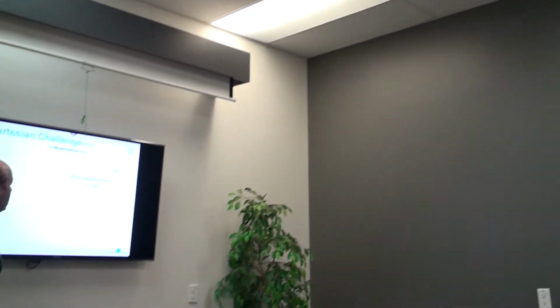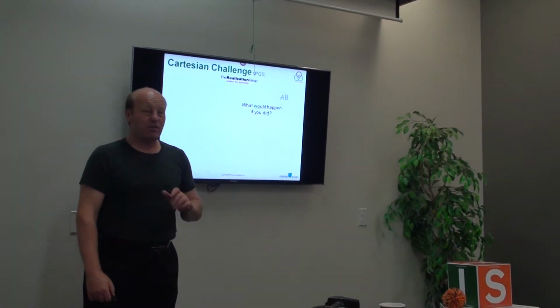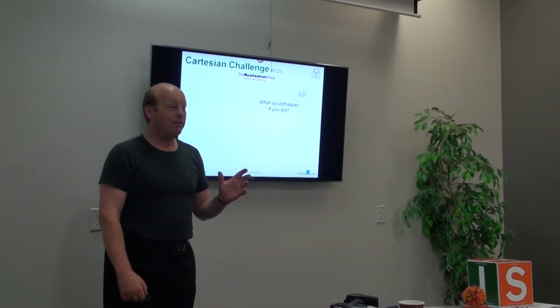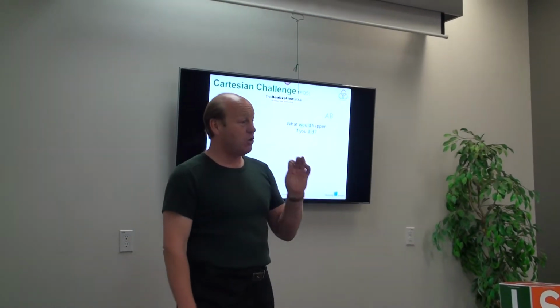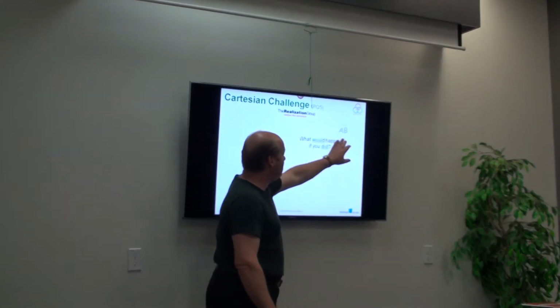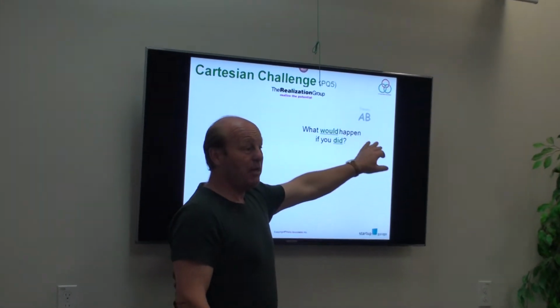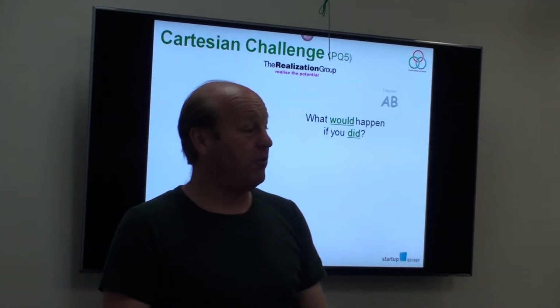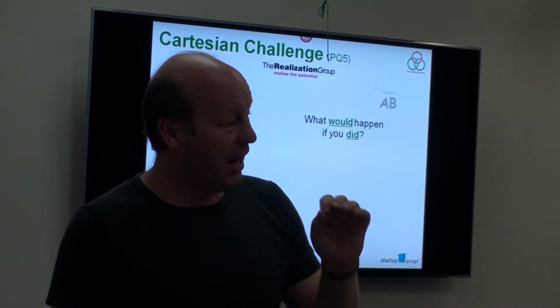Mr. Cartesian, you've heard of Cartesian analysis and stuff, he came up with this wonderful way of resolving complex problems. So what would happen to the money that was coming in if you did buy my offering and get my takeaway? So what would happen if you did do something?